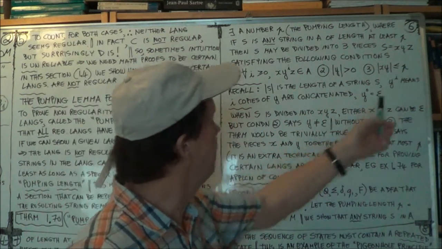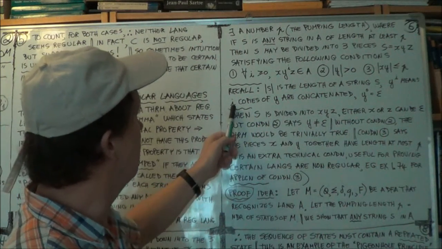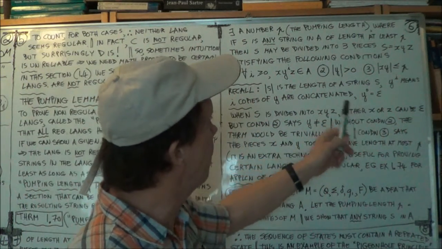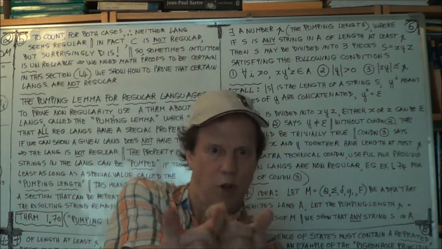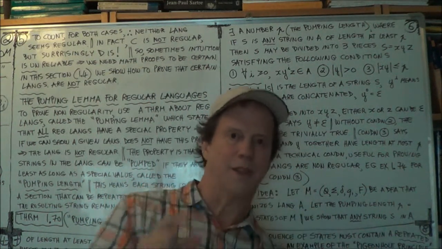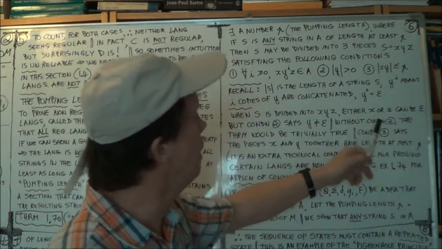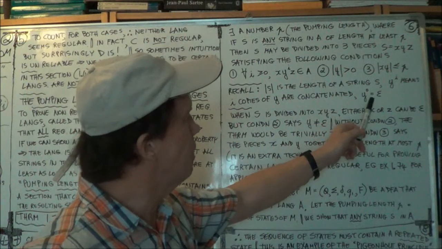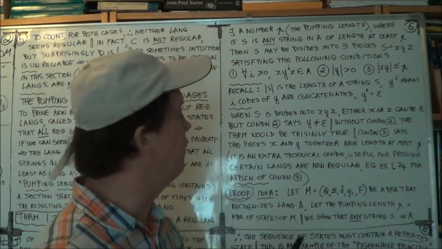And y to the i just means you concatenate i copies of y. So just substring y, y, y, y, y, i times. That's what this means. Right. Now y to the 0 is epsilon, which is just the empty string.